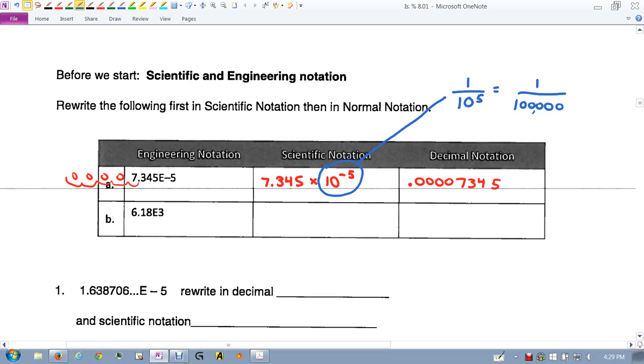The reason why I'm saying that is because I want you to get on your calculator and do 7.345 and multiply it times this. In other words, divide it by 100,000. So take 7.345 and divide it by 100,000 and tell me what you get. You get this, right?